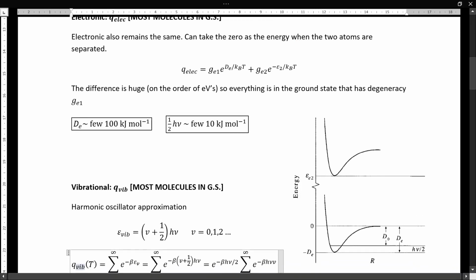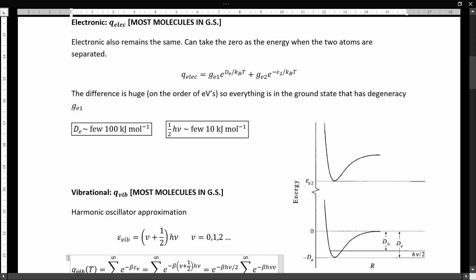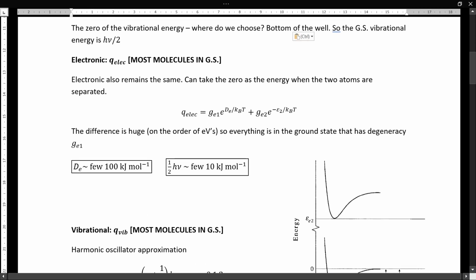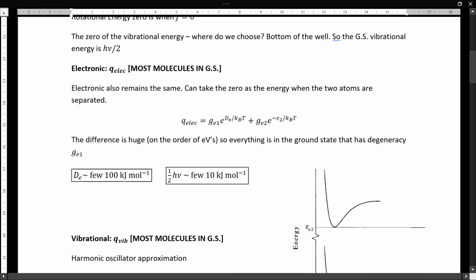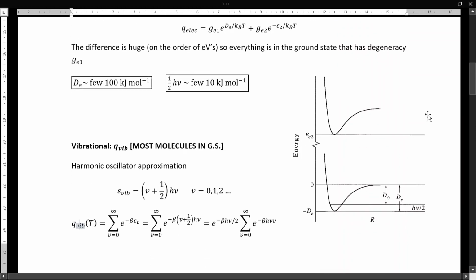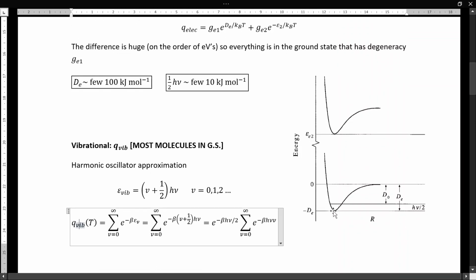What we take is that the ground state vibrational energy should be equal to h nu by 2. So the lower part of the curve happens to be 0 for the vibrational energy levels. Again, as I said, you can choose anything.